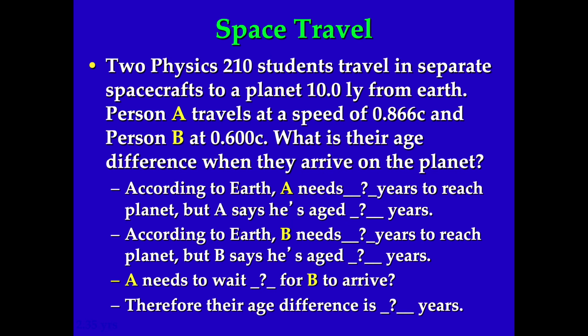In order for you to be able to do this, the first thing you need to know is, according to the Earth, you need to figure out the time it takes for A to reach the planet. Then you got to figure out, according to the Earth, how long does it take for B to get there?